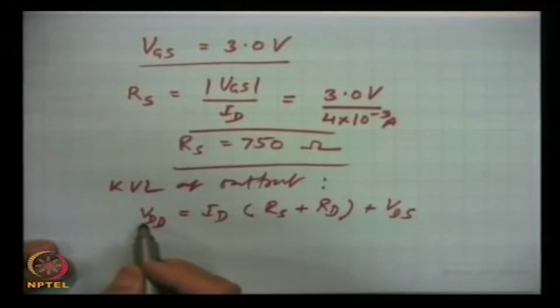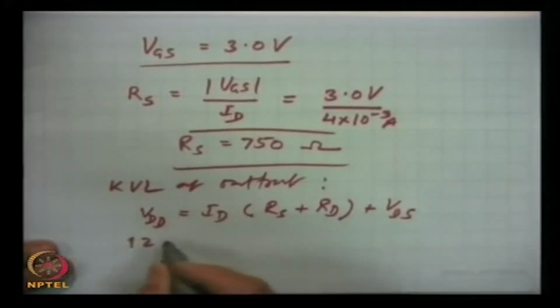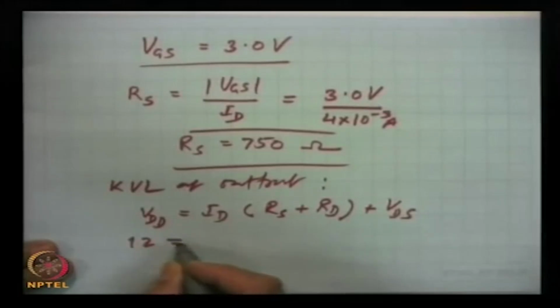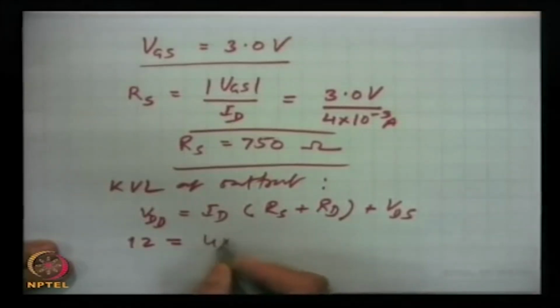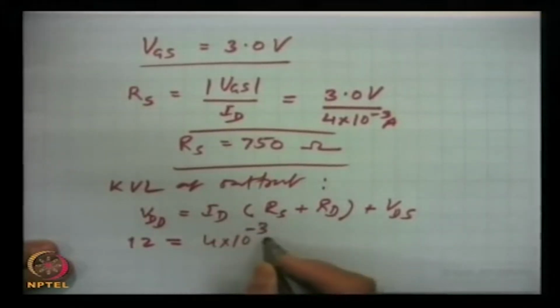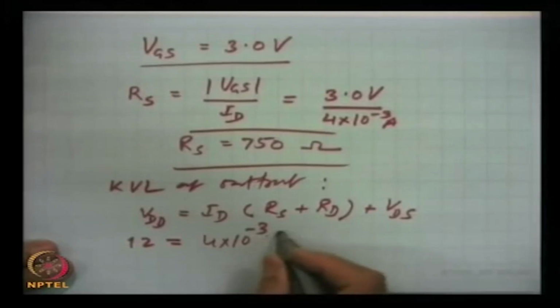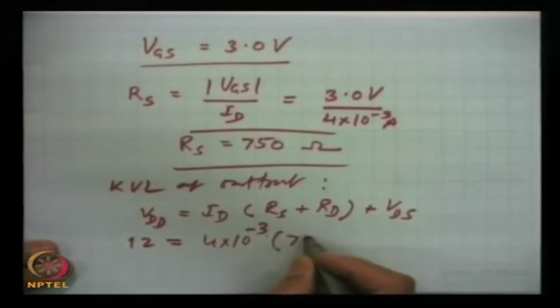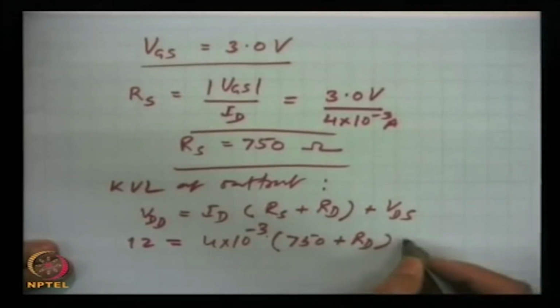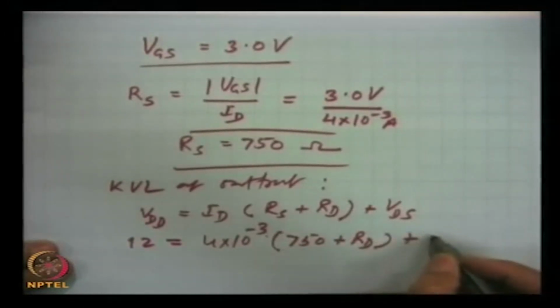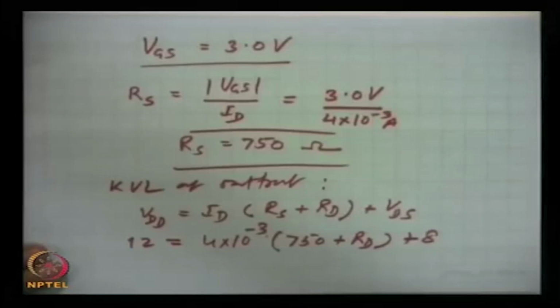VDD is 12, ID is 4 milliamps, so 4 times 10 to the minus 3 amperes into 750 ohms plus RD, plus 8 volts.